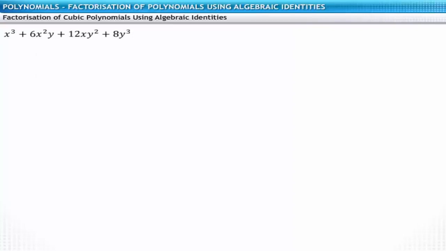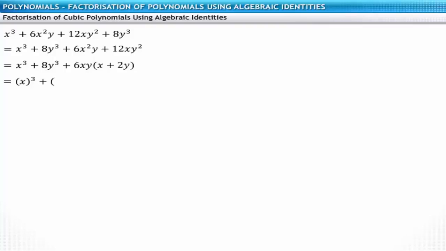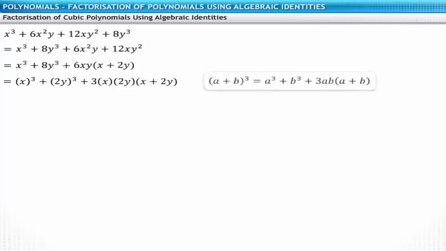Let's go back and review the cubic polynomial that we have to factorize. We'll rearrange the polynomial. Now, the obtained polynomial is similar to the expanded form of this cubic identity.